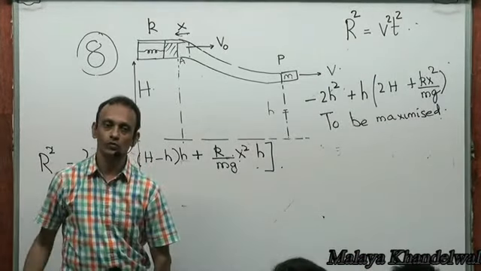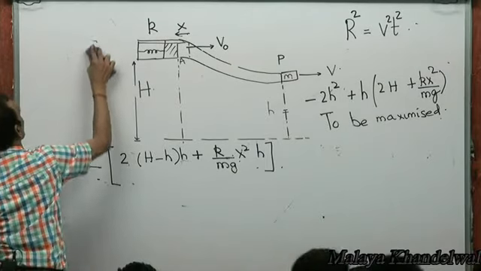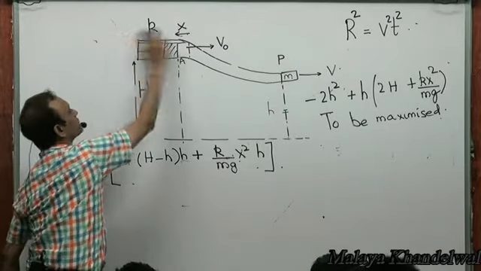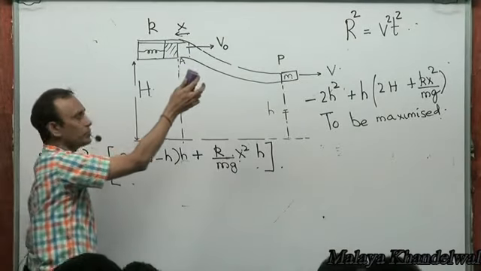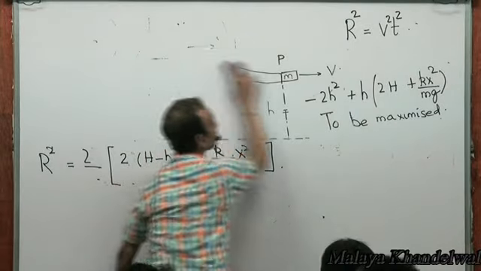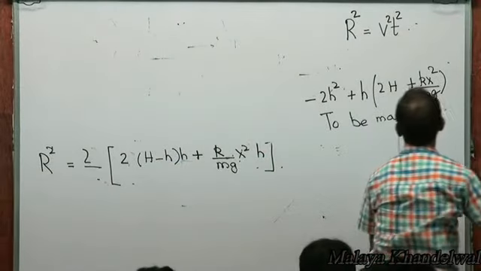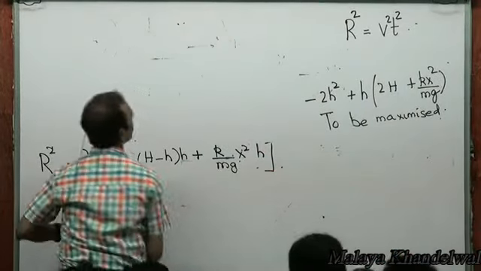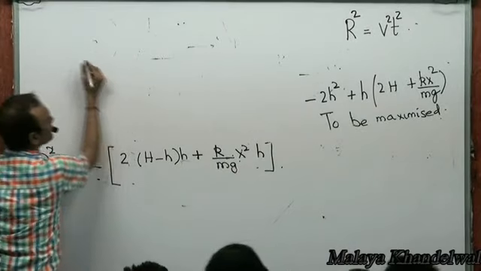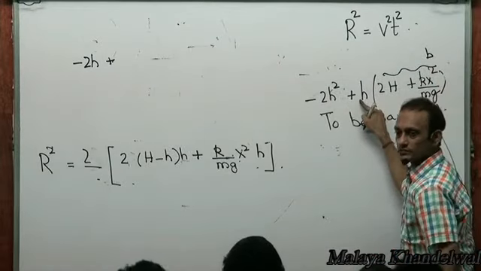Right? Now, the diagram is not needed anymore. See, it's like minus 2h squared plus, this is some constant, say b, into h.